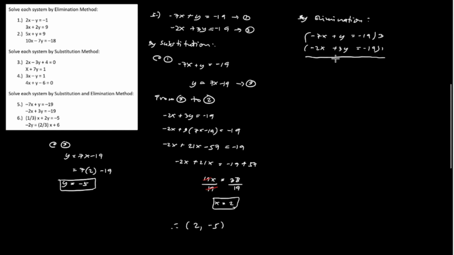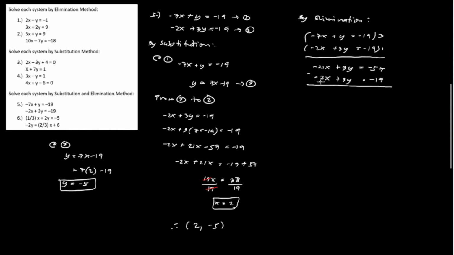Negative 7x times 3 is negative 21x, plus y times 3 is plus 3y is equal to negative 19 times 3 is negative 57, and copy the equation 2. So negative 2x plus 3y is equal to negative 19. And we subtract.